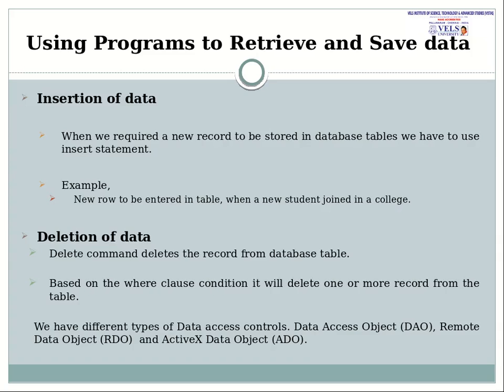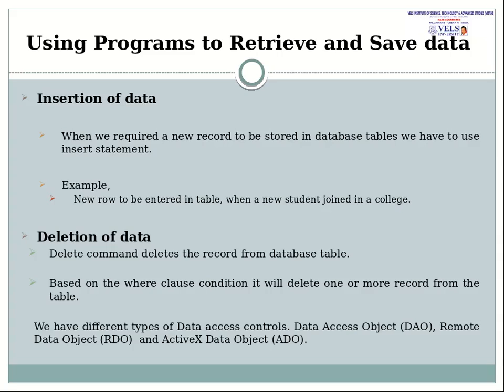With the delete command, we delete only a particular record in the table, not the entire table. Based on the where clause condition, it will delete one or more records from the table. So if you want to delete a particular record, you can use it with a where clause.